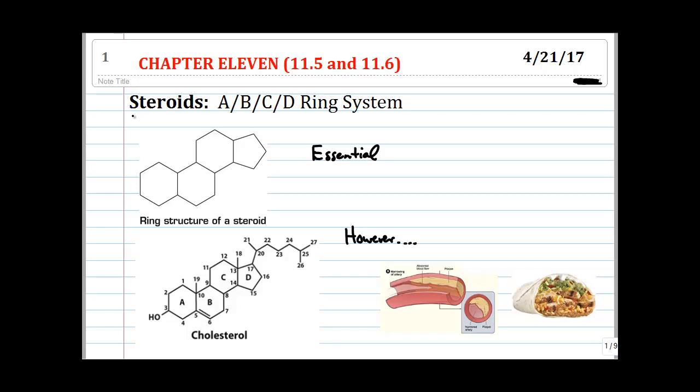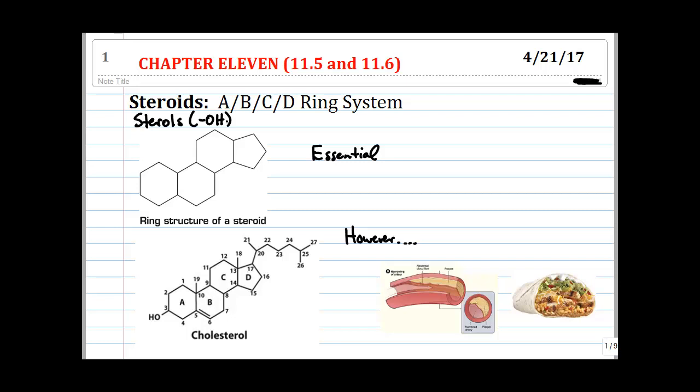This video is about steroids and another class of molecule called sterols. Sterols are steroids with an OH group, or hydroxyl group. These are both considered to be lipids, and that's why we're talking about them in this particular chapter.